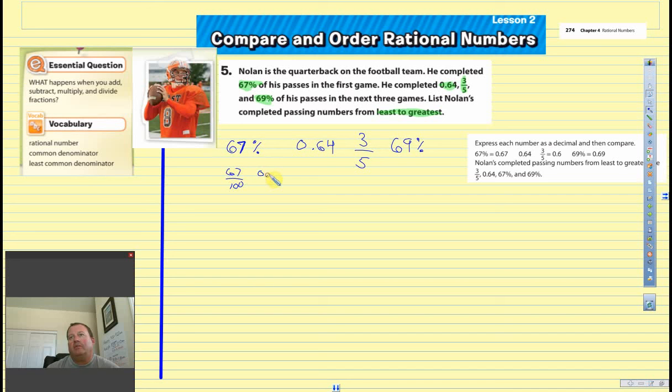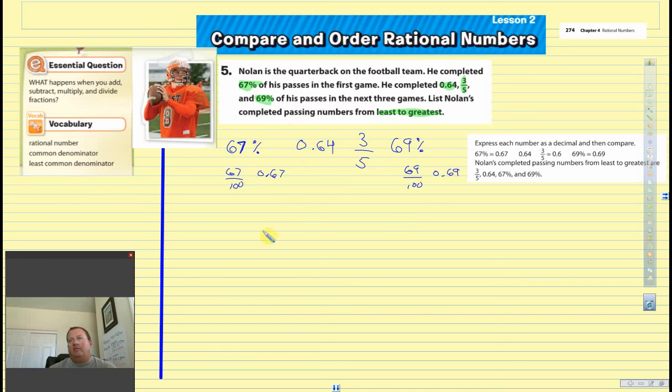So that's 0.67. So that's my first one. Very close to 0.64. 69%. Well, remember, that's 69 over 100, because our percents are always out of 100. So 69, well, that's going to be 0.69.